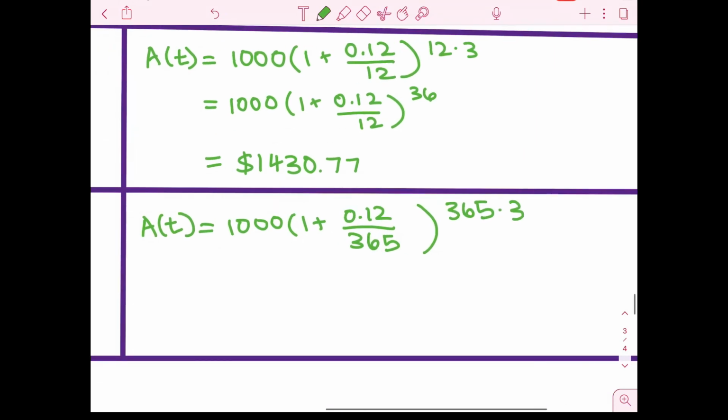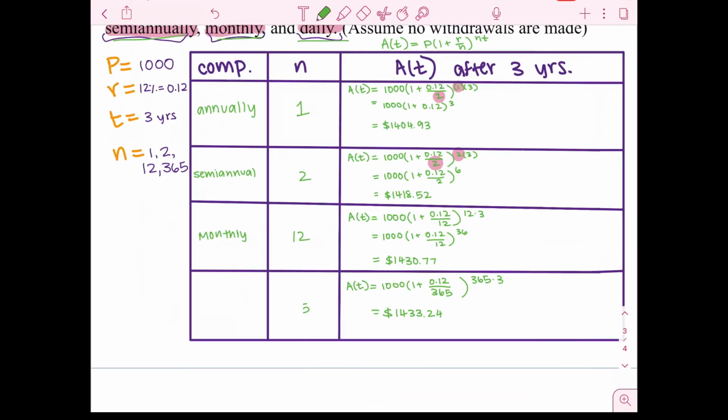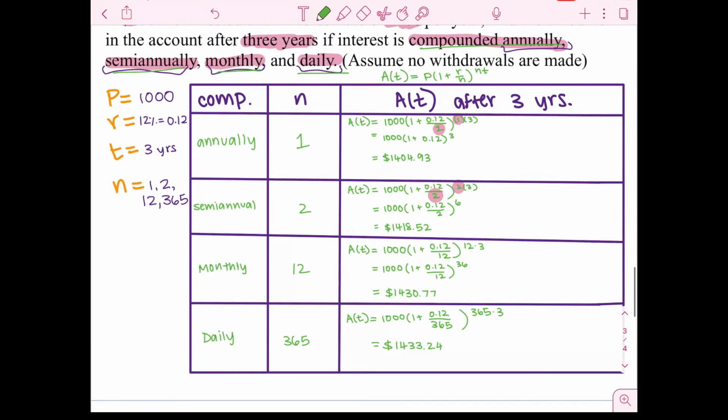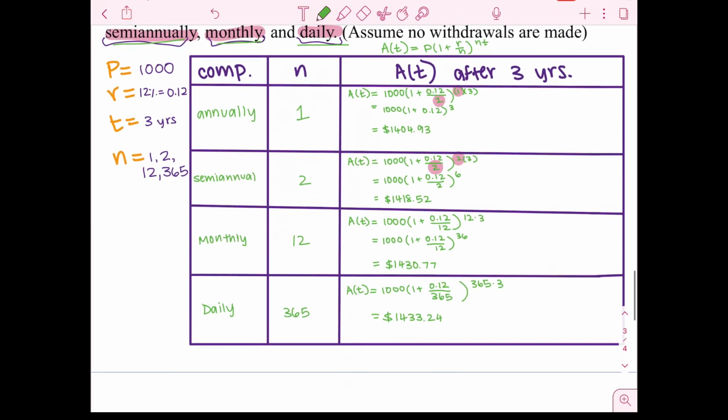Okay, I'm not going to simplify anything here. It's a lot of work, but plug this into your calculator and you'll find that your answer is going to be $1,433.24. Awesome job.